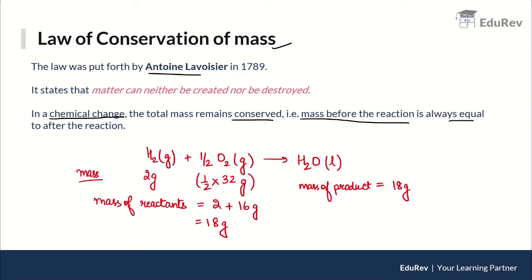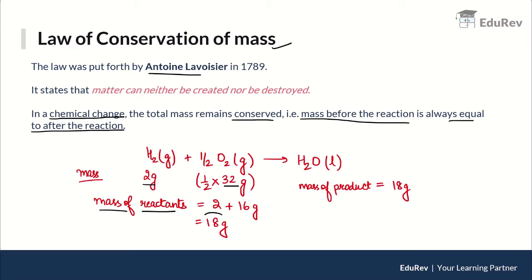Let us understand this with an example. This example tells about the formation of water where H2 combines with O2 to give water. The mass of H2 will be 2 grams. Similarly, mass of half O2 is going to be half into 32 grams. And the total mass of reactants comes out to be 18 grams, right?